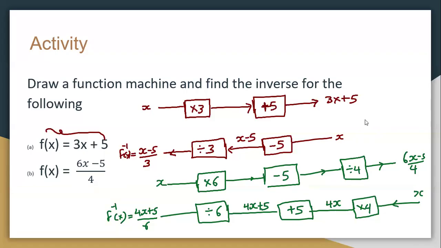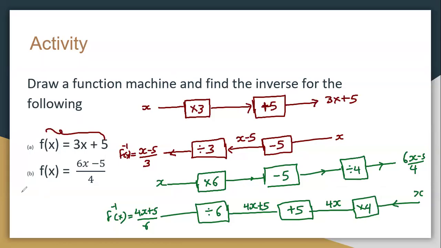We can continue. You can continue. Okay, I think we are good to continue.